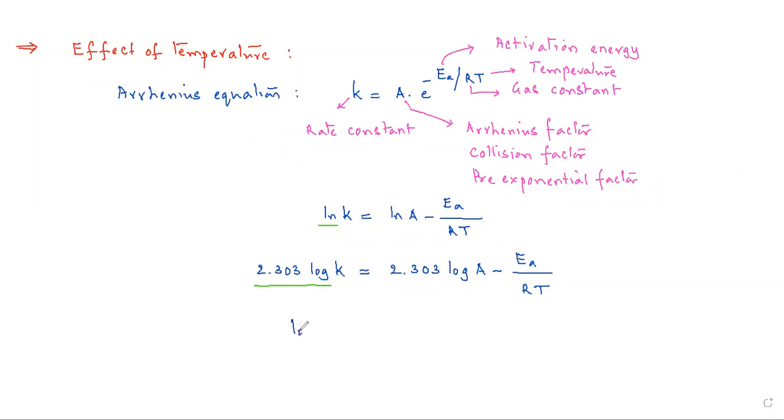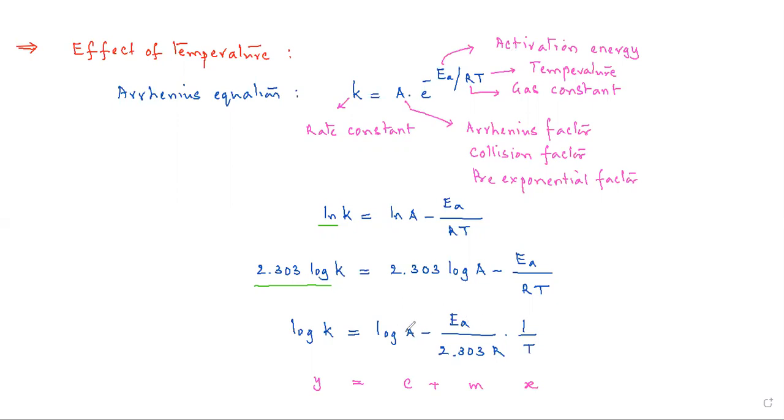Now dividing by 2.303, we get log k is equal to log A minus Ea by 2.303 R. Let me write it this way for convenience. Now this can be given as y is equal to mx plus c.